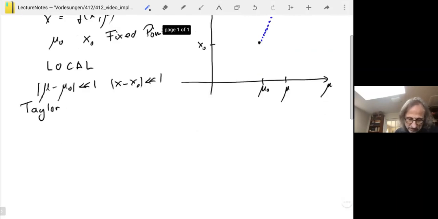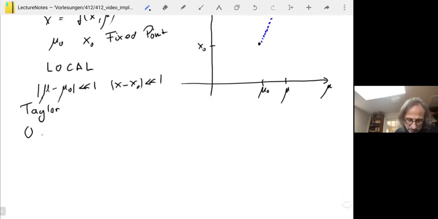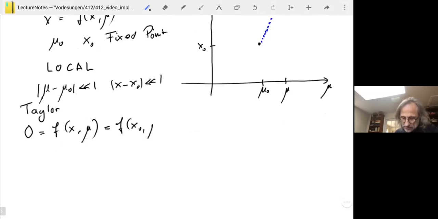And what do we get? Well, we're looking for fixed points, so we have that f of x and mu must be 0. And we expand around the fixed point that we have. So we have f of x naught, mu naught, plus stuff. Let's right away note that this thing here must be 0 because we have a fixed point. That's our basic starting point.